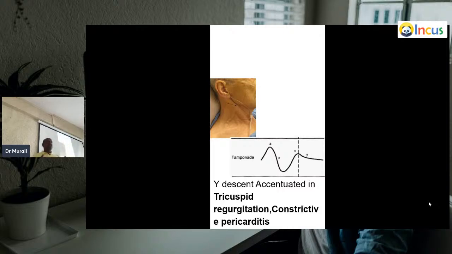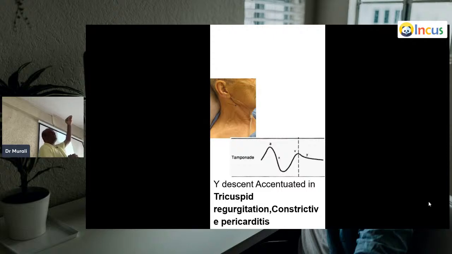See, if there is a tricuspid regurgitation, when the ventricle is undergoing systole, atria is getting relaxed and getting filled from great veins. During that time, the great veins are bringing blood. At the same time, the tricuspid regurgitation also is bringing the blood back from ventricle into atria. So overall atrial blood volume became increased.